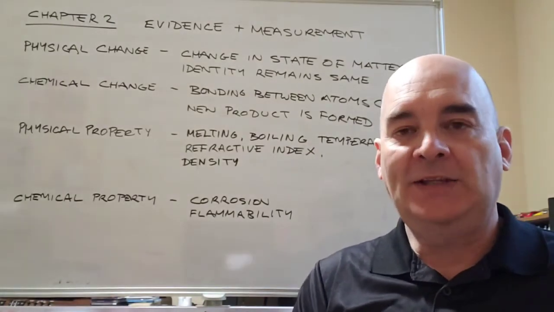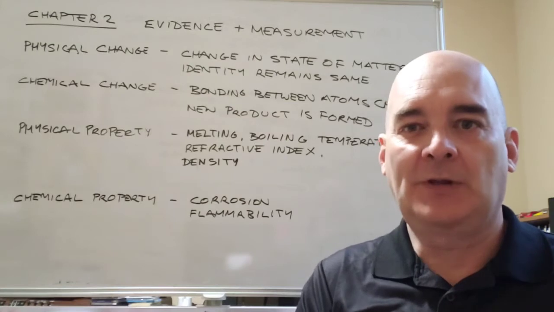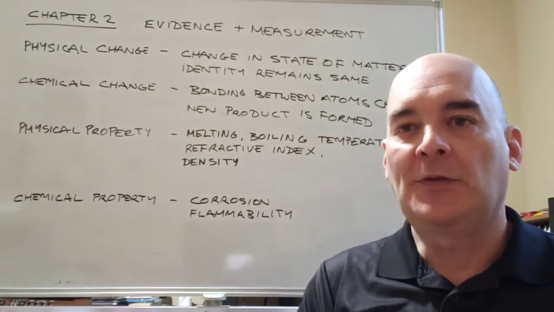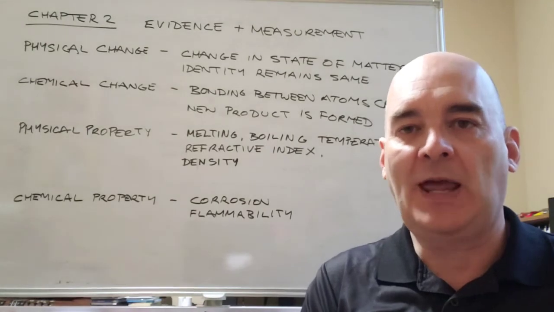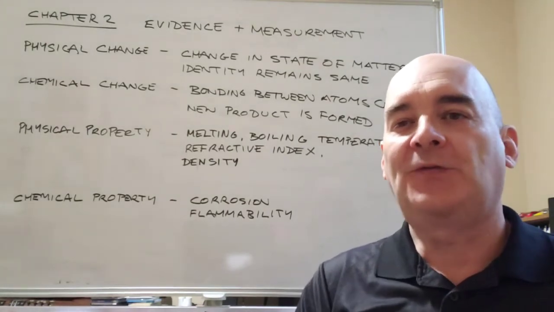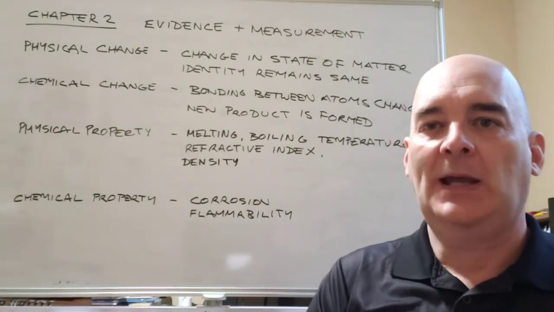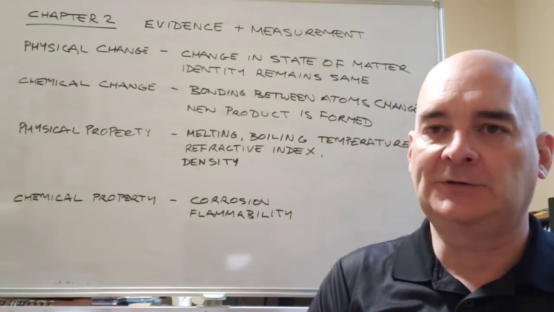In all of those cases, the steam is water, the liquid water is water, and the solid ice is water. The chemical makeup of the material has not changed, but its physical state of matter, solid, liquid, gas, has changed. That's a physical change.